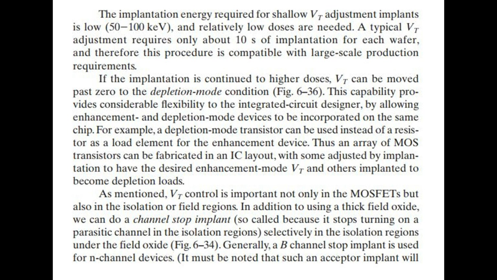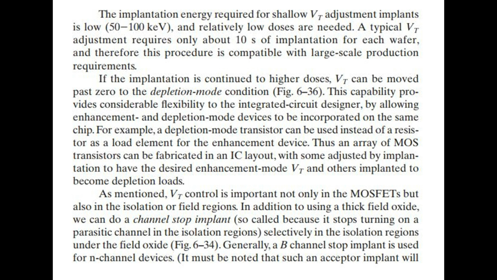As mentioned, threshold voltage control is important not only in the metal oxide semiconductor field effect transistors but also in the isolation or field regions. In addition to using a thick field oxide, we can do a channel stop implant, so called because it stops turning on a parasitic channel in the isolation regions, selectively in the isolation regions under the field oxide, Fig 634. Generally, a B-channel stop implant is used for N-channel devices.